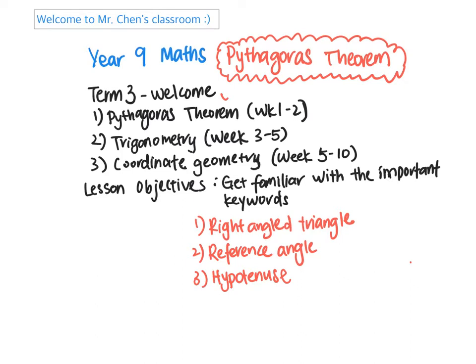In term 3, in weeks 1 and 2, we'll be focusing on Pythagoras, followed by trigonometry, which we will start in week 3 to week 5, and then we will finish it off with coordinate geometry from week 5 to week 9 or 10. I'll leave week 10 just in case we don't finish everything in time.